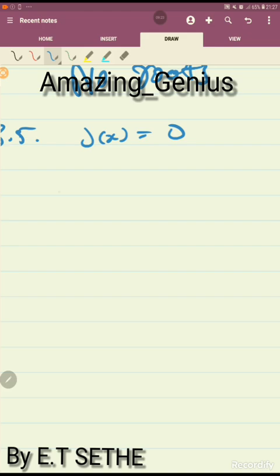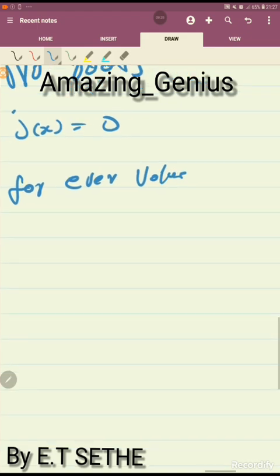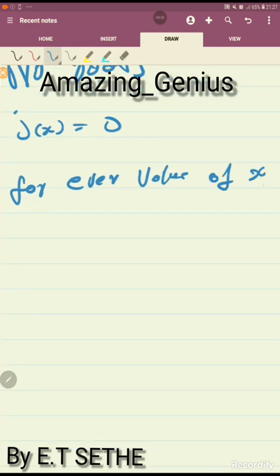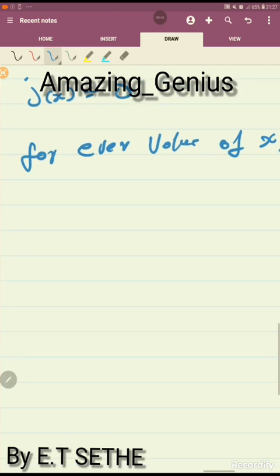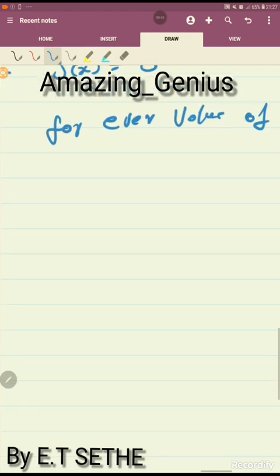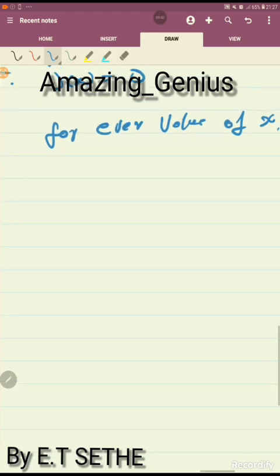Since j at x is equal to 0, therefore for every value of x, all the values of x are real roots. We can't count the number of roots, but they're all real roots, right?